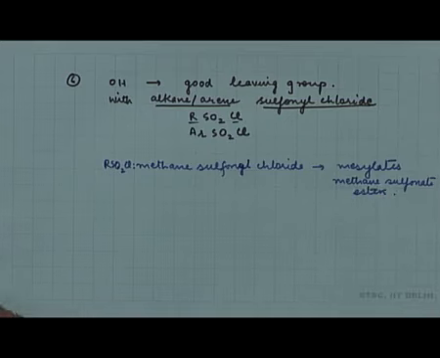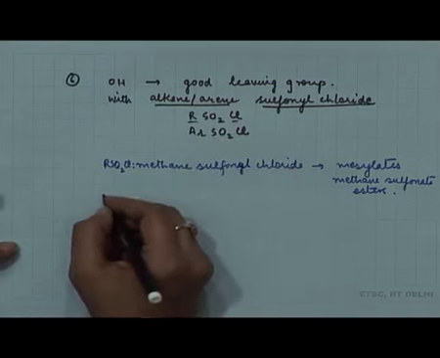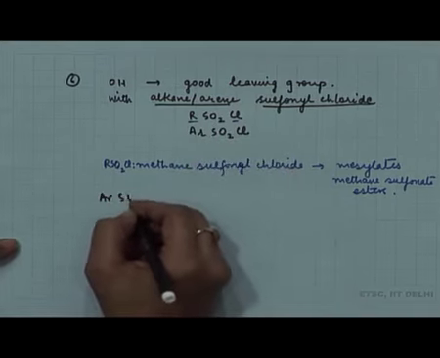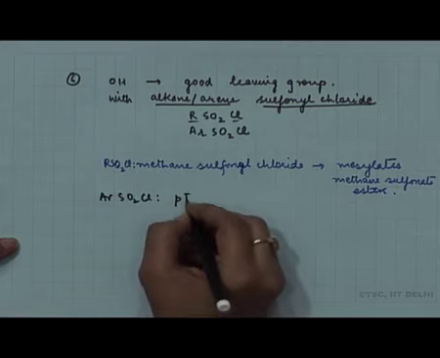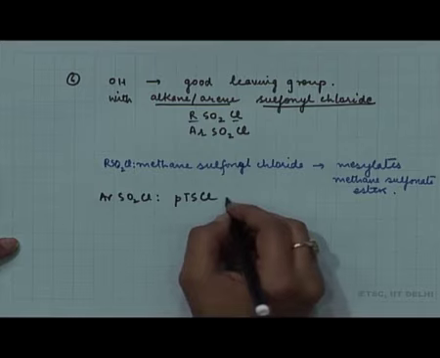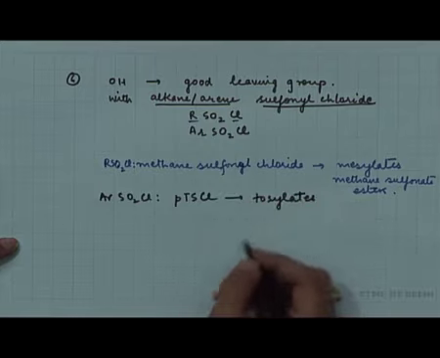So, what is a general reaction? We will talk about that, but before that, if your Ar happens to be para-toluene sulfonyl chloride, you treat it with this, and the corresponding compounds which we get are called tosylates.